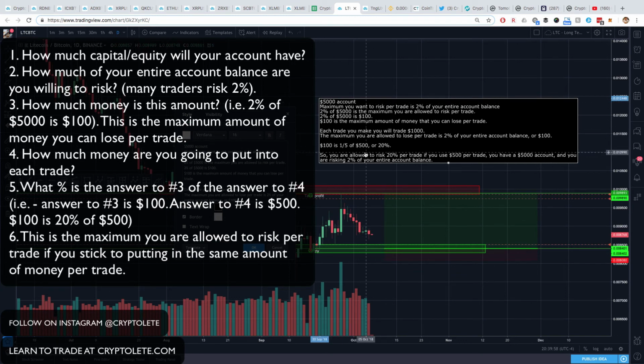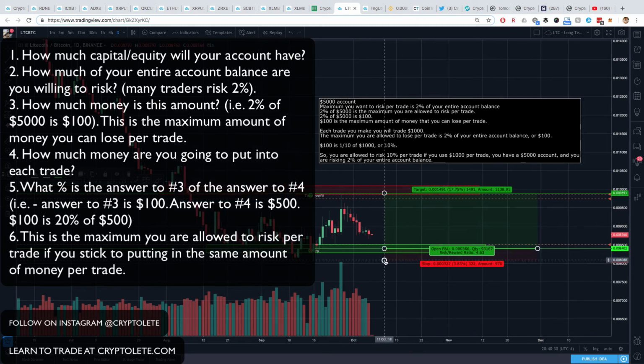So $100 of $1,000, if you were using $1,000 per trade, well, obviously that's 1/10 of $1,000, or 10%, right? So you're allowed to risk 10% per trade if you use $1,000 per trade, if you have a $5,000 account and you're risking 2% of your entire account balance.